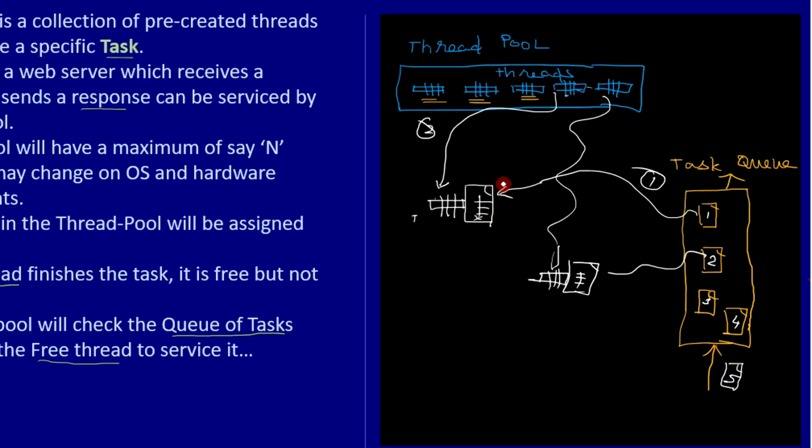Once this thread finishes the task, it will be returned and stays in the thread pool. So it will not get deleted. Similarly, when this thread finishes, it will be returned and wait in the pool. Similarly, when this thread also finishes, it will return to the thread pool. So totally, if you see, now the thread pool contains 3 threads and these tasks are finished and there are 3 in the task queue. So now the free thread will be allocated to this task.